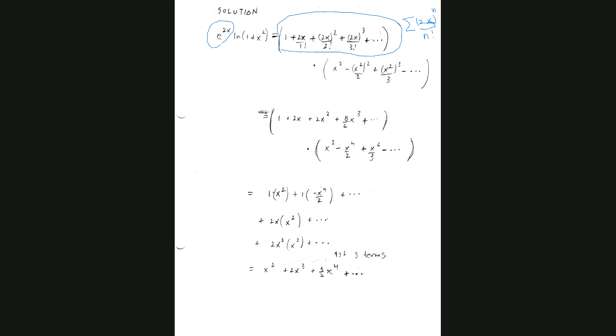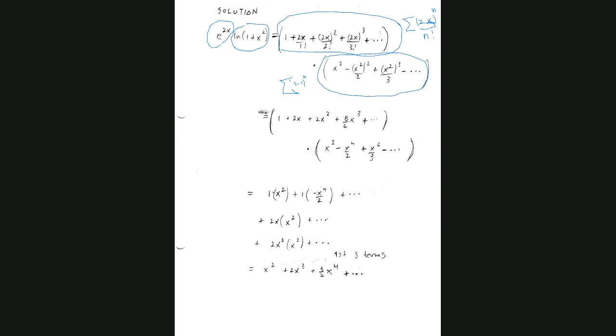Now, the power series for the log of 1 plus x squared, again, if I put in x squared for x, you're going to get the sum where n equals 1 to infinity. I'm not writing the n's in just because I want to save a little time here.